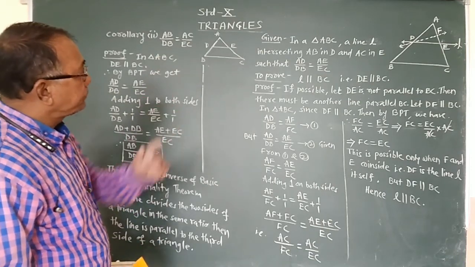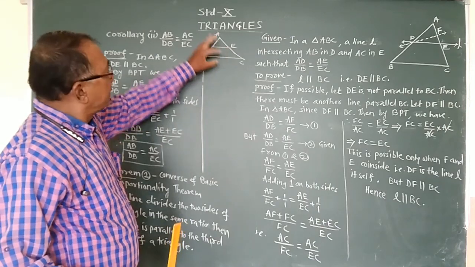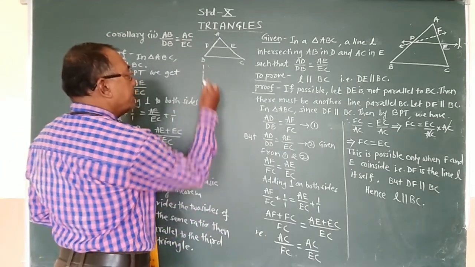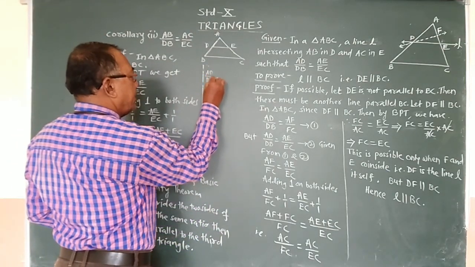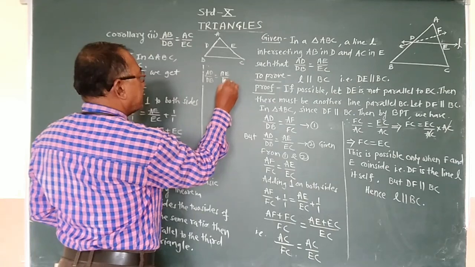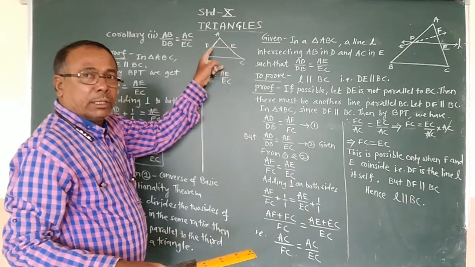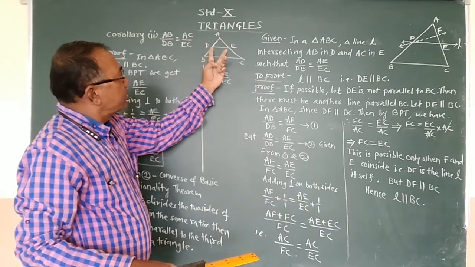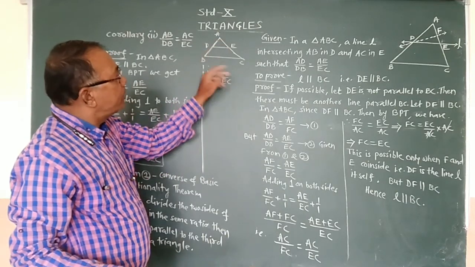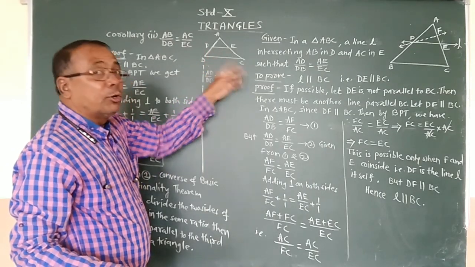Means here, if this line DE divides the two sides of the triangle in the same ratio, means AD upon DB is equal to AE upon EC, means this ratio is equal due to the line DE drawn in the triangle ABC, and therefore if these two ratios are equal, then DE is parallel to BC.